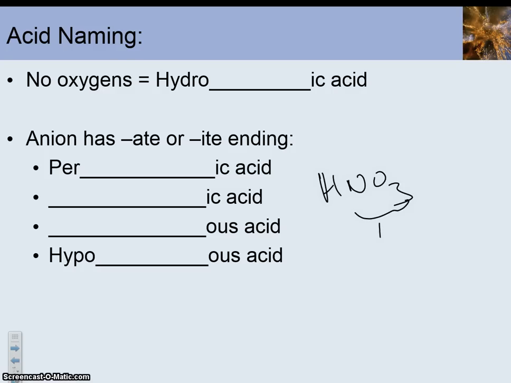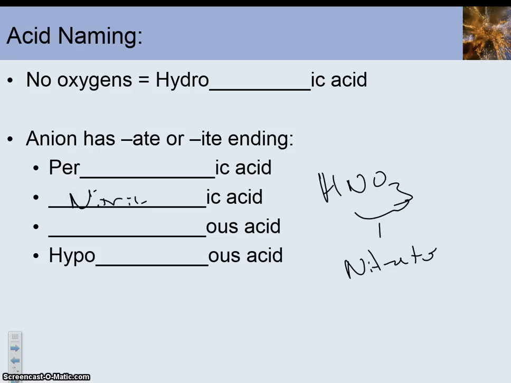HNO3, this is nitrate, so this would be nitric acid. If it was HNO4, it would be pernitric acid. If it was HNO2, it would be nitrous acid. So that's a way that we can name these things.